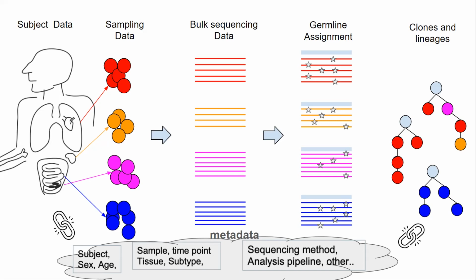And from there, we define clones, and we build lineages. What is important here is that we keep a tight link between all these levels and their metadata. This gives us the possibility to investigate the repertoire and the diversity.